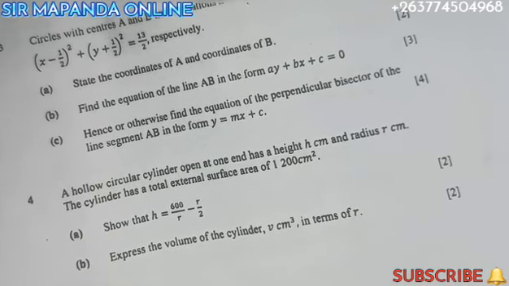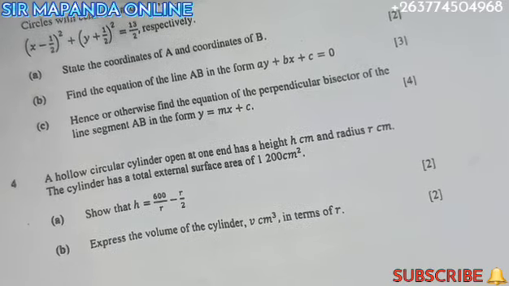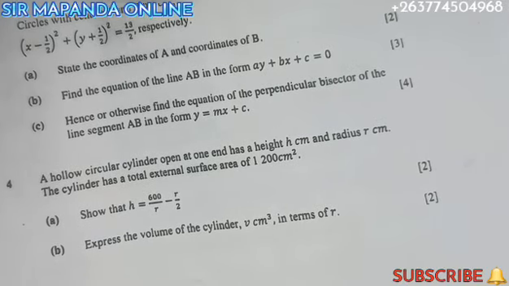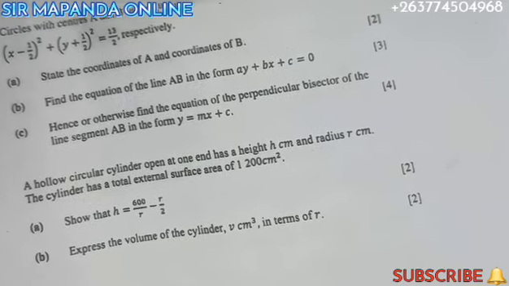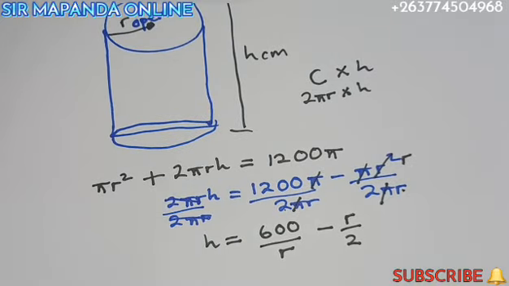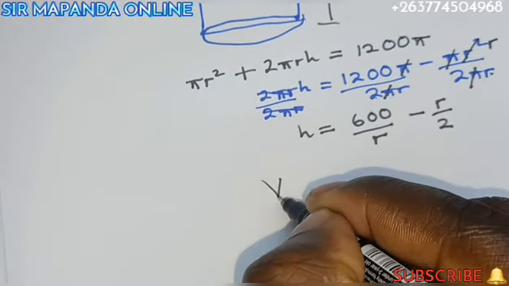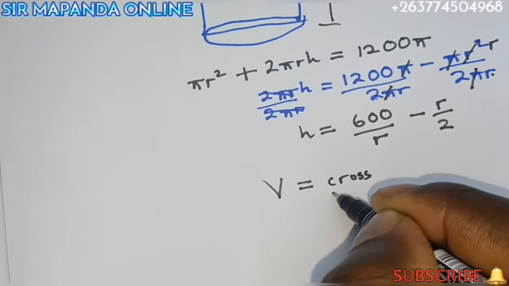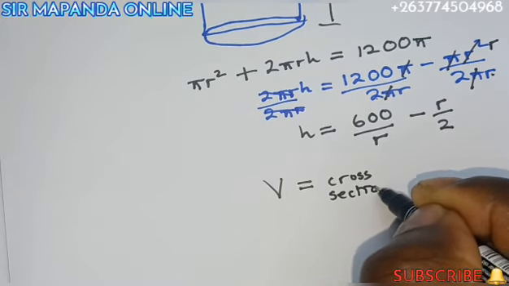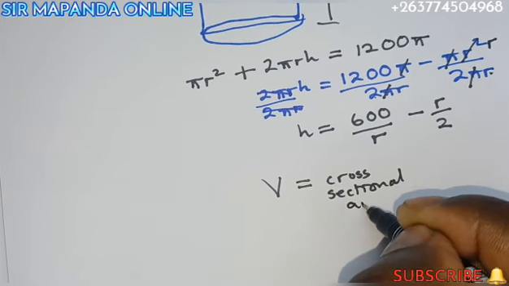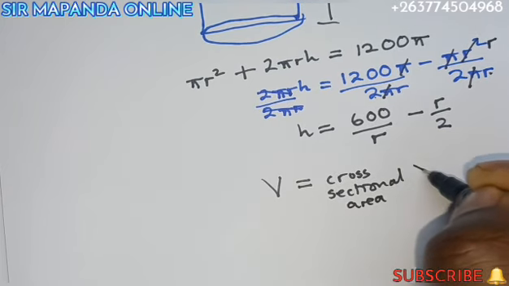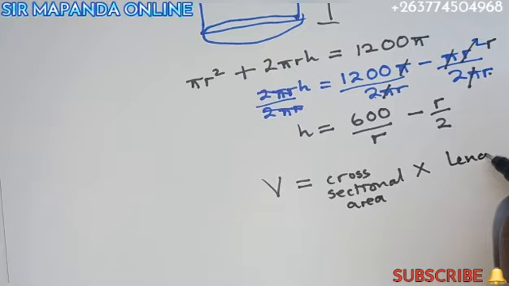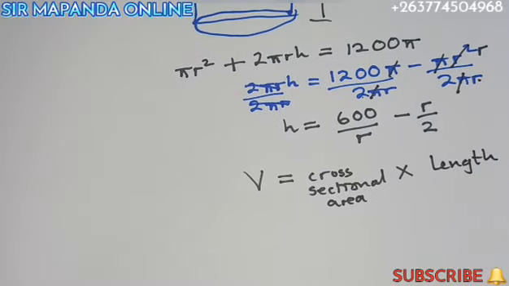We move on to part B. Express the volume of the cylinder V in terms of r. The volume of a cylinder is found using the formula cross-sectional area of the cylinder times the length of the cylinder.